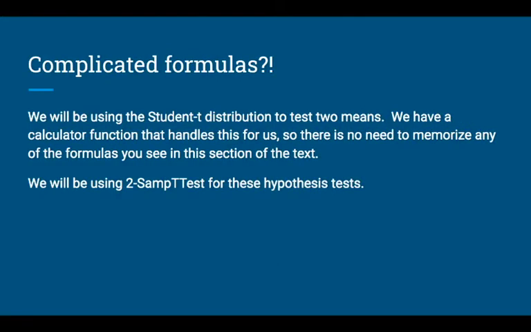If you look in section 1 in the textbook, there are some pretty complicated formulas for things like finding the t-value, the t-score, for things like finding the standard error. The formulas are kind of ugly. So we're going to use the calculators to actually perform the tests. So there's no need to memorize any nasty formulas.